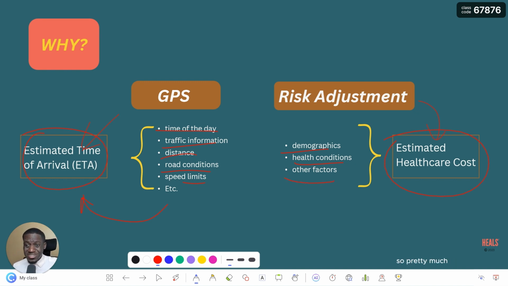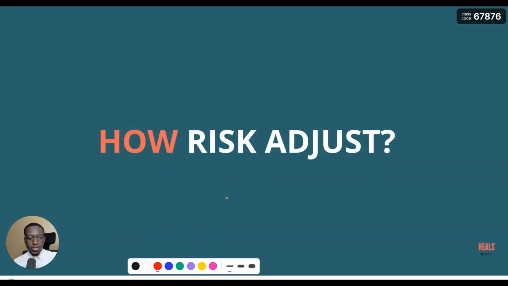So it is very similar to the GPS explanation. Risk adjustment is predicting an estimated healthcare cost. GPS is predicting an estimated time of arrival, and is using some factors to estimate that. And that is, in a very simple way, what risk adjustment intends to do.